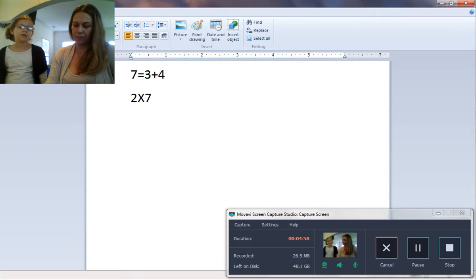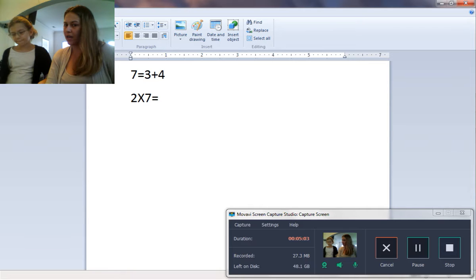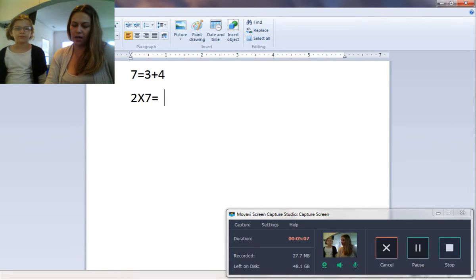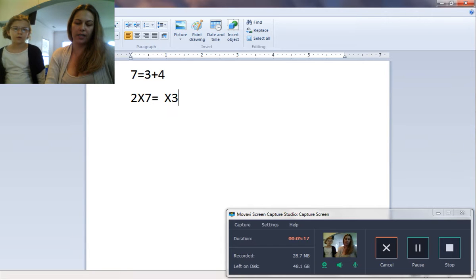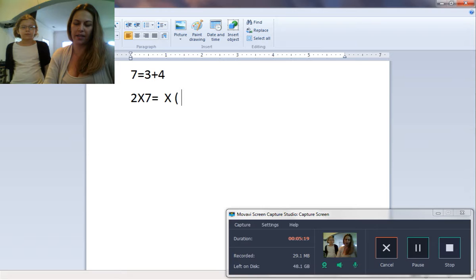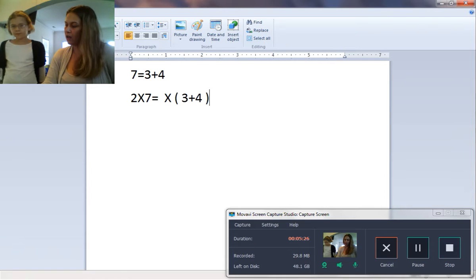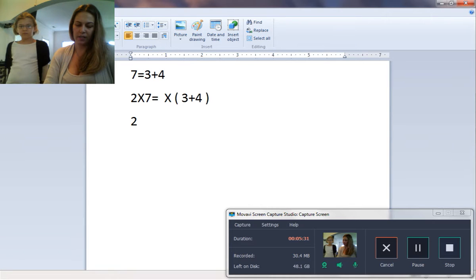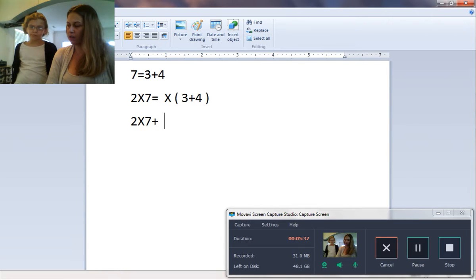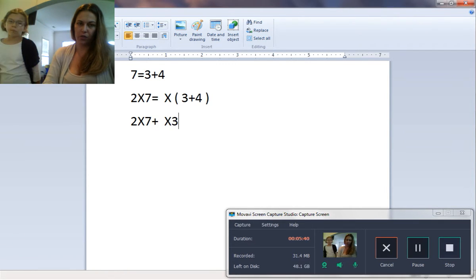Equals blank, and then it would be times 3 plus 4, and then 2 times 7 equals blank times 3.